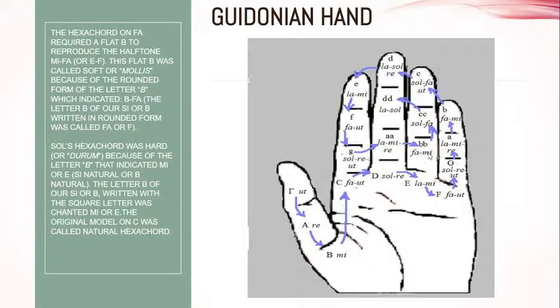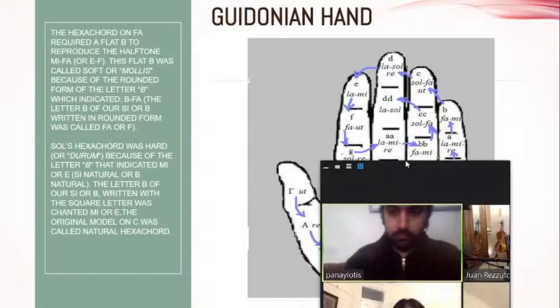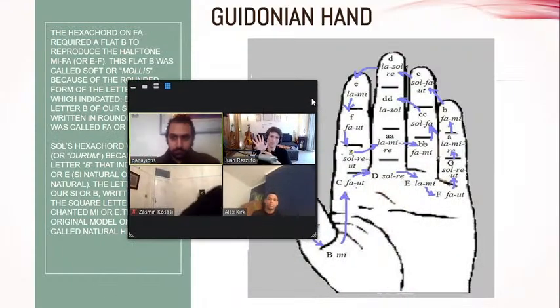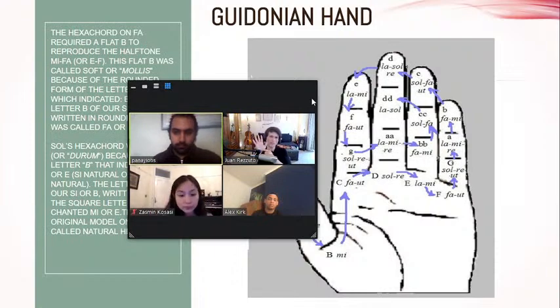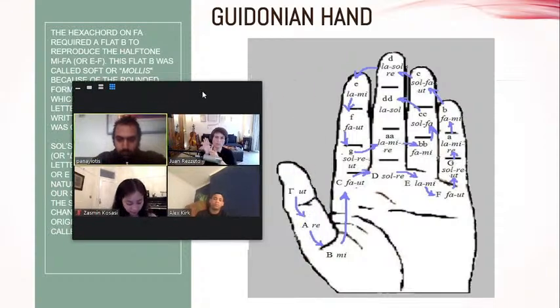And then why is this the hand? Because he would sing and point where he was in the music, visually, saying re, mi, fa, sol, la, and then the choristers would know in which scale he was.